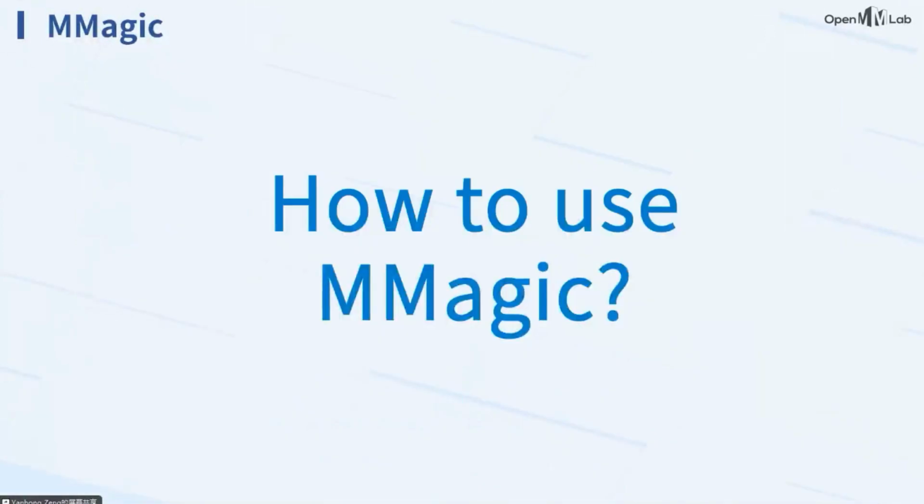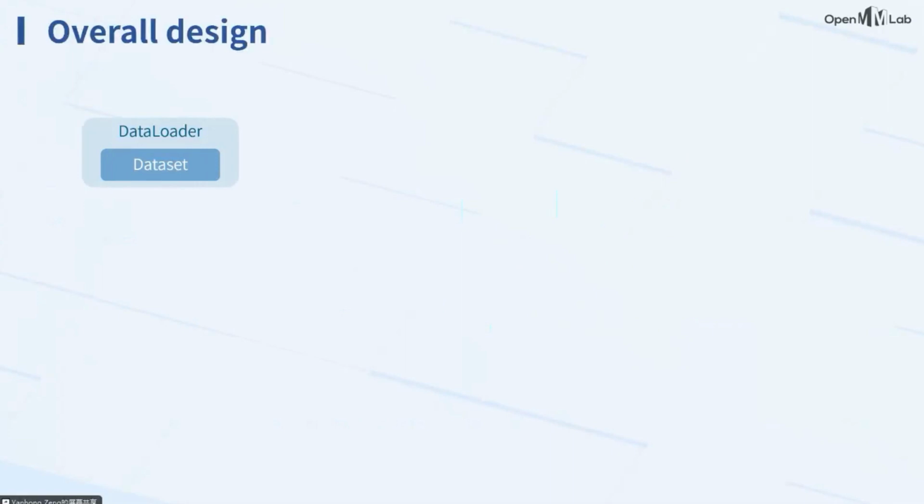And then the second question is how to use MMagic. Now I will briefly introduce the overall design of MMagic. As we know, a deep learning framework consists of several important components. First, we need to specify the dataset we use for training and testing.